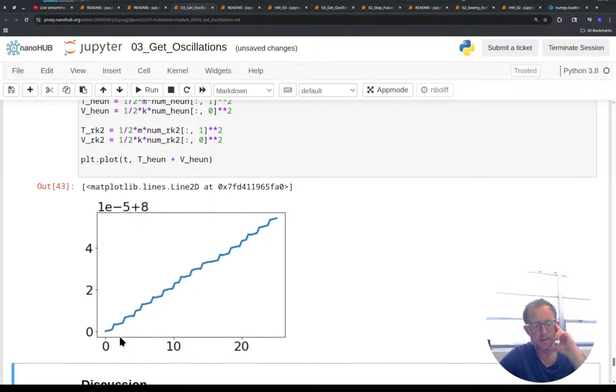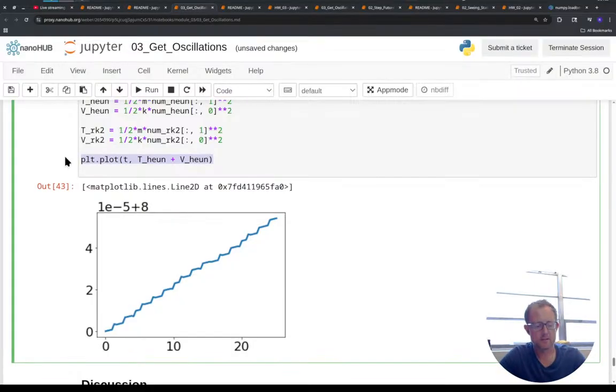But what I'm seeing here is that it keeps increasing even for this Hune method. But when I look at the scale of this, it goes from 0 to maybe 5 times 10 to the negative 5 plus 8. I don't know what the plus 8 is. RK2.